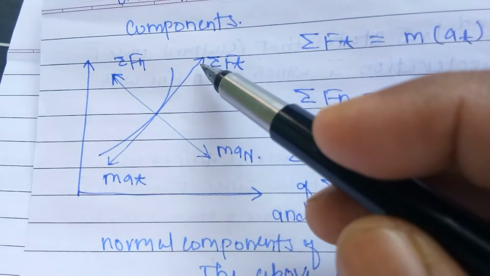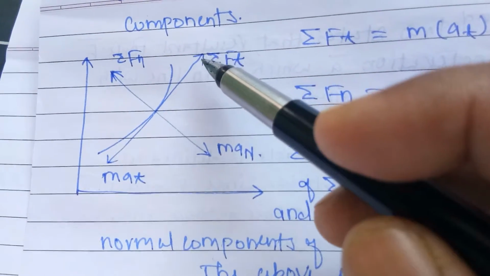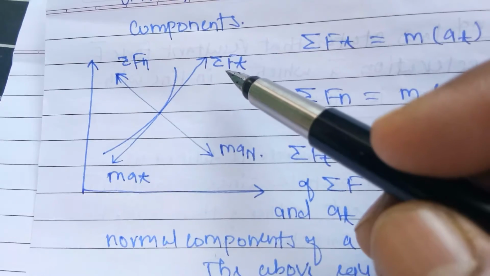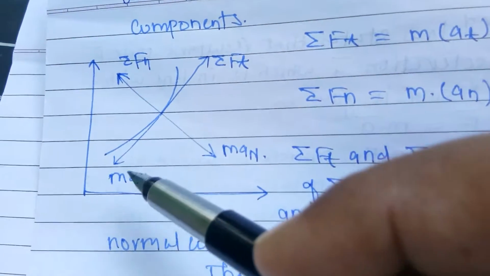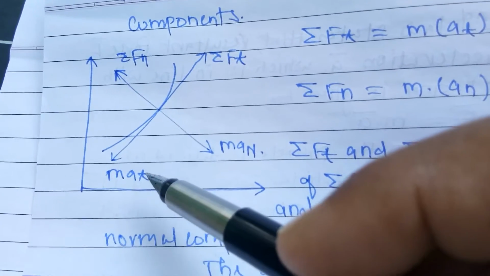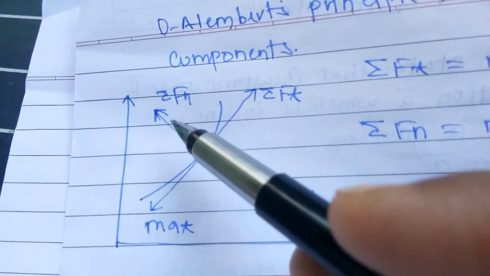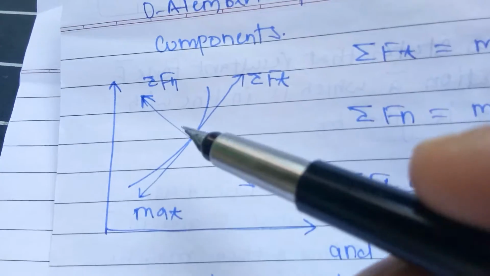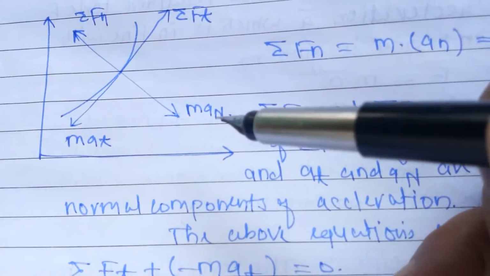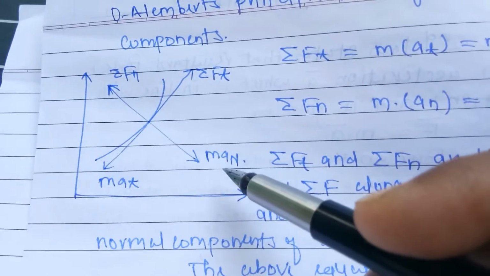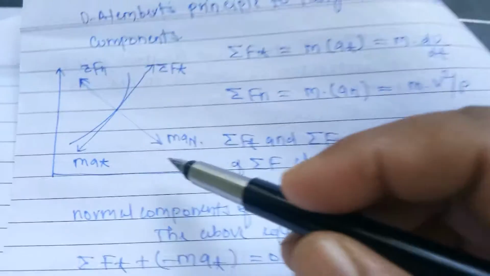A tangent is like this, and summation of Ft is the summation of forces along the tangential direction. In the opposite direction it is m into at. In the normal direction, summation of Fn is the summation of forces, and m an is exactly opposite to it.